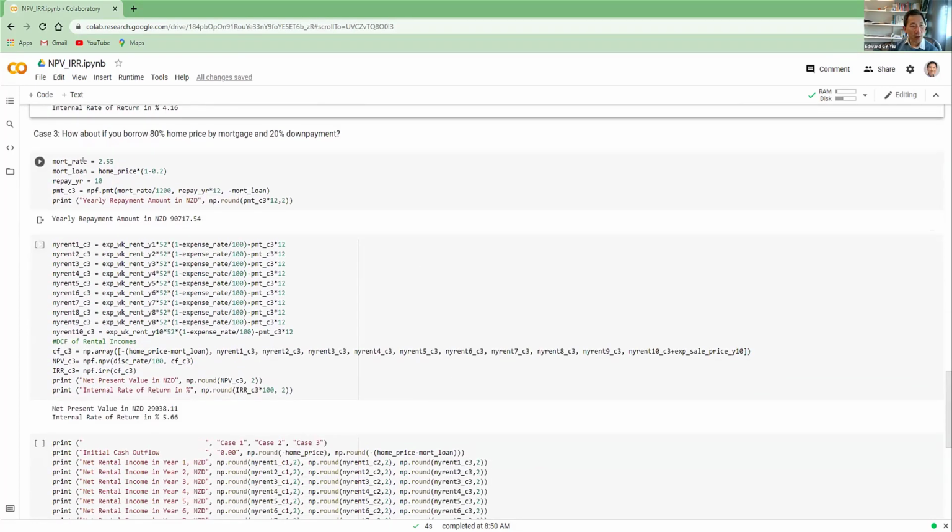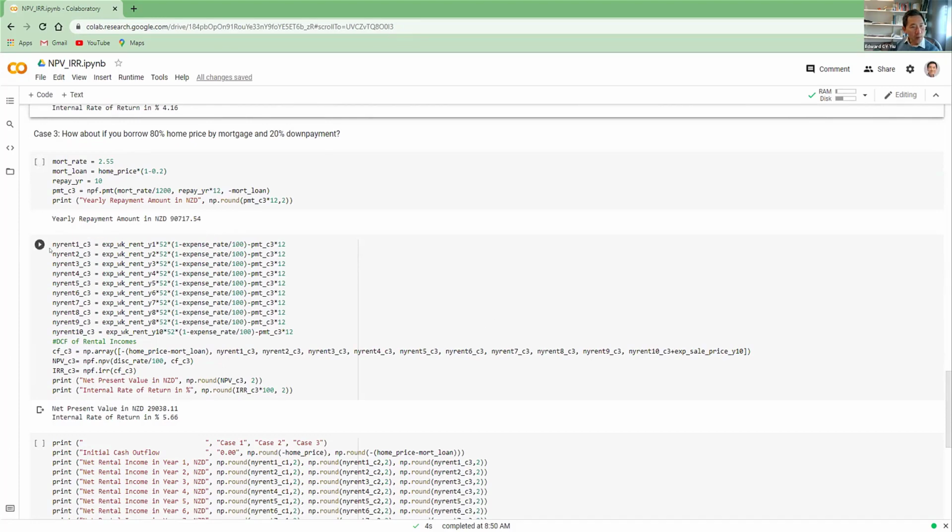Then how about case 3, which is the most typical one, by borrowing 80% from the bank's mortgage package, and you have to pay 20% down payment. So let's say the mortgage rate is much lower, just 2.55%, and the repayment period is also 10 years. So that after 10 years, you have paid back everything to the bank and you can sell.